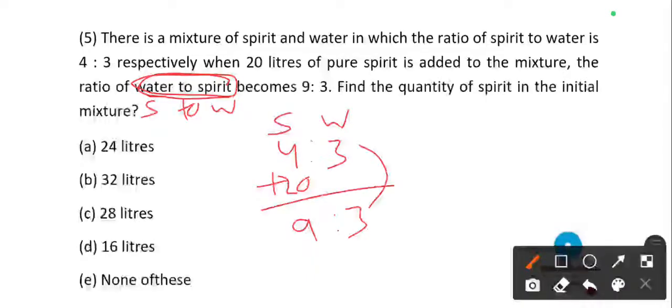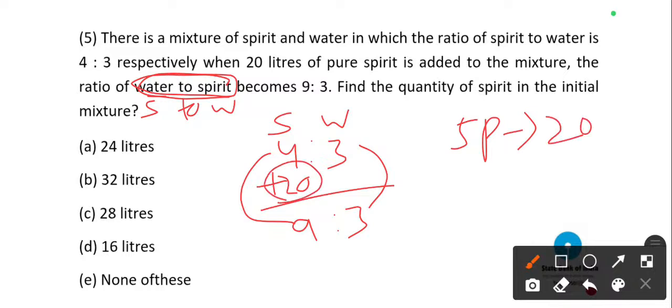So this is the same. Here we have a change of 5 parts. This 5 parts change is due to this 20. So one part value will be 4. Now the question asked is to find the quantity of spirit in the initial mixture. The initial mixture is 4 parts. So 4 times 4 is 16 is our answer, option D.